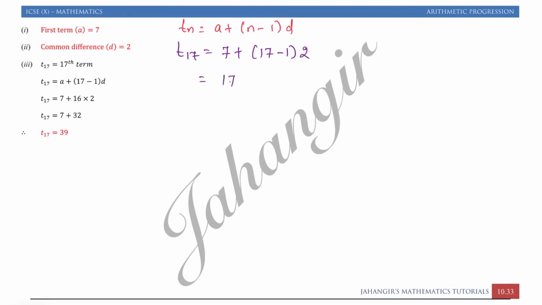So 7 plus 16 into 2. Therefore T17 is equal to 7 plus 32. Sorry, the first term is 7, I wrongly wrote it as 17. That is equal to 39. So therefore the 17th term is 39.